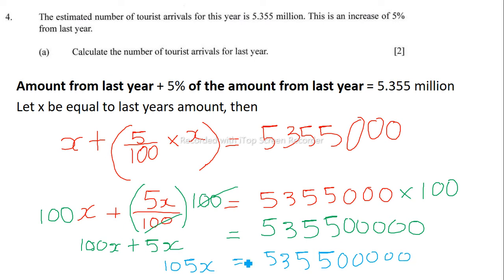The next thing we want to do is divide both sides by 105. So we have 105x equals 5,355,000.